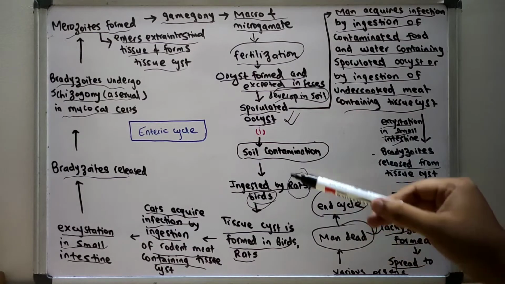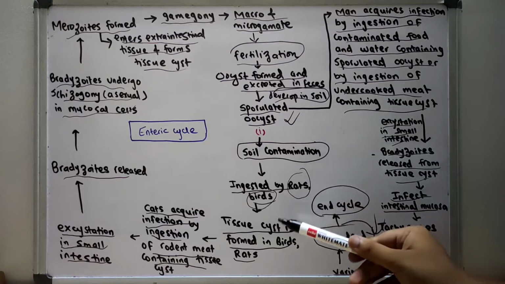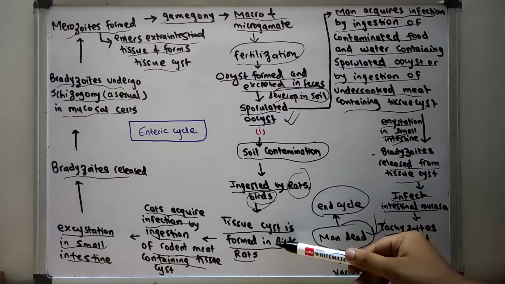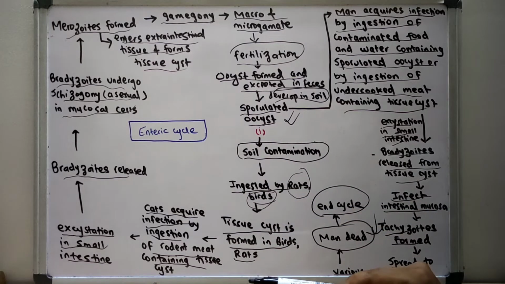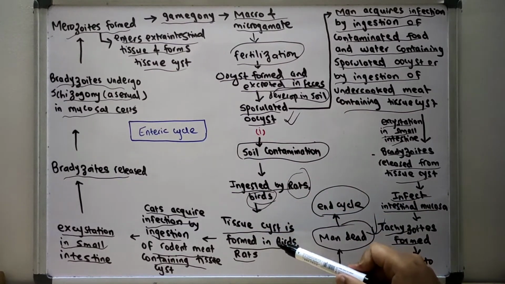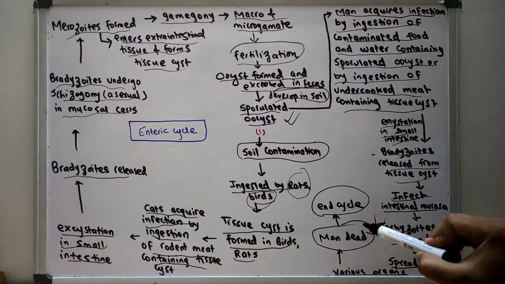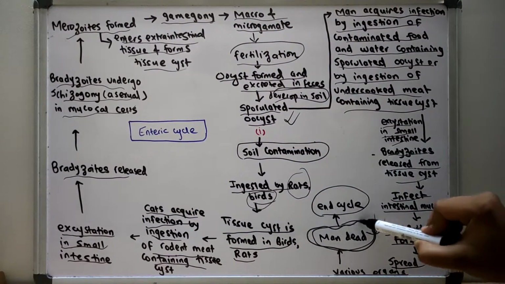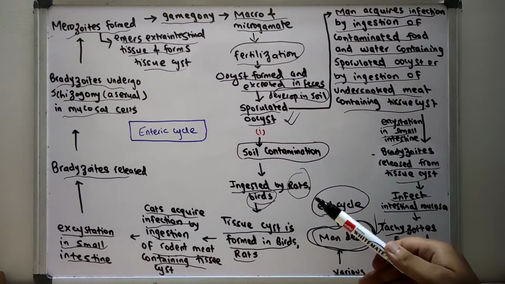But if the rats and birds acquire the soil contamination and form tissue cysts, and that is acquired by the cats and the cats eat that type of meat, then the life cycle goes on. Here I have said that if the man is dead, then there is the end of the life cycle. But what happens if there is cannibalism?